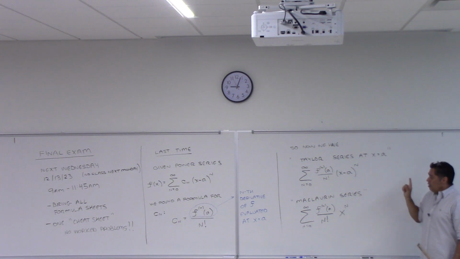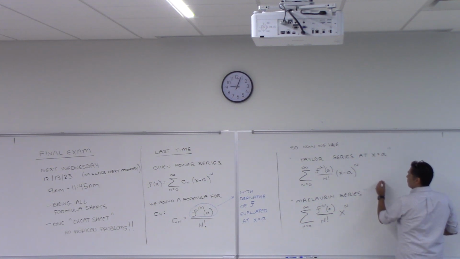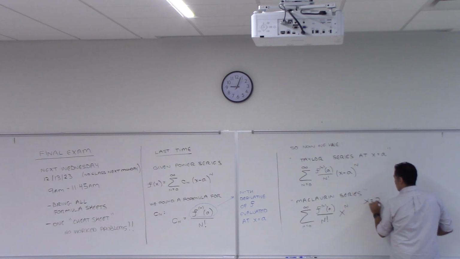Now, you also have this thing called a Maclaurin series, and a Maclaurin series is a special case of the Taylor series where a is equal to 0.